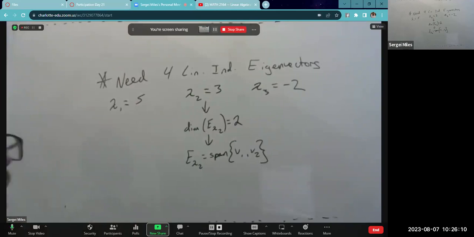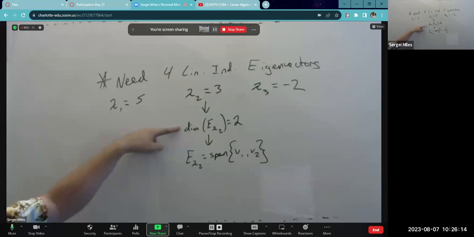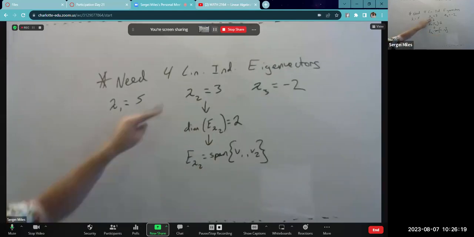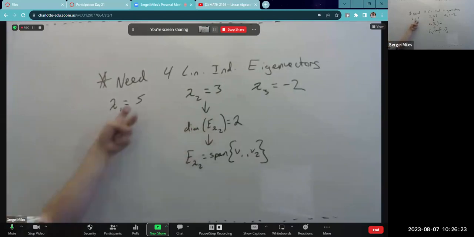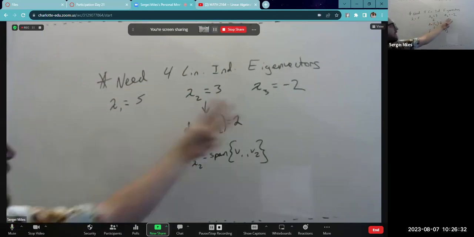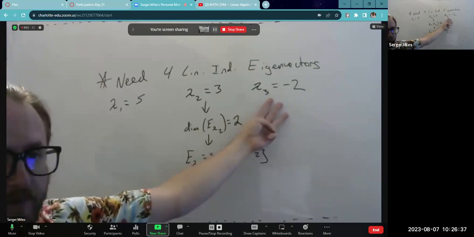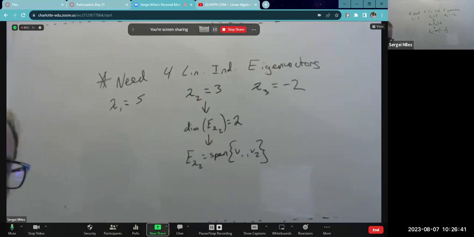For this eigenvalue, the eigenspace has dimension 2, so I have 2 vectors from this space. For this other eigenspace, I get at least 1 non-zero eigenvector. So that's 3. And then this space must also have at least 1 eigenvector, right? So I have a total of 4 linearly independent eigenvectors.